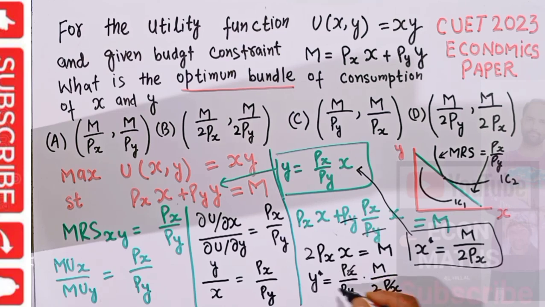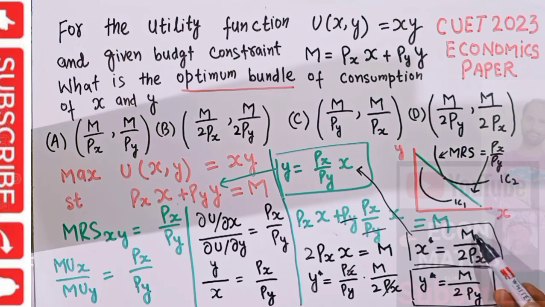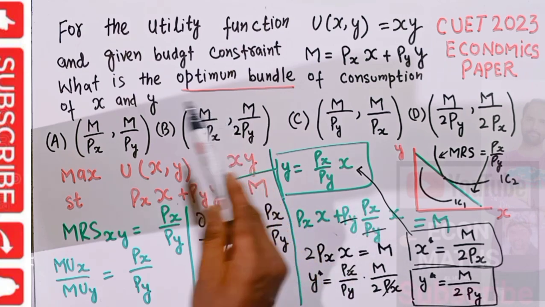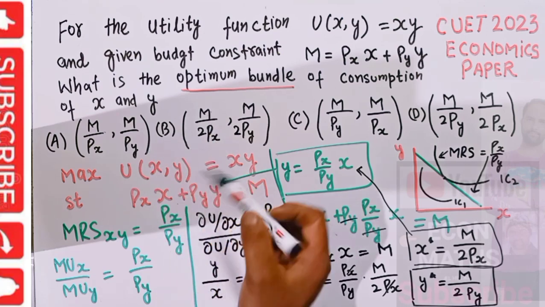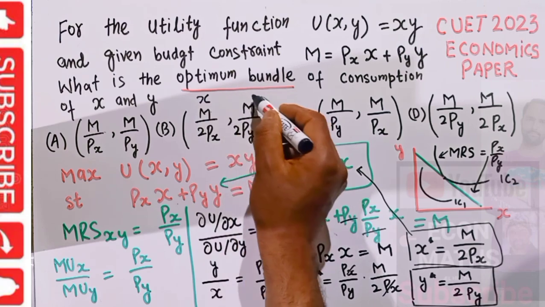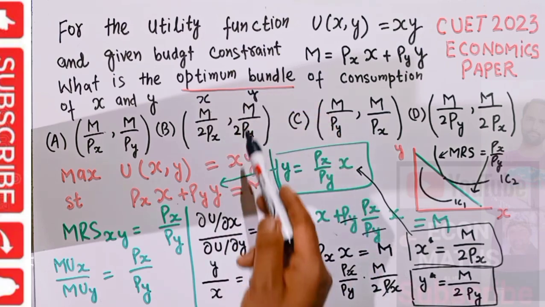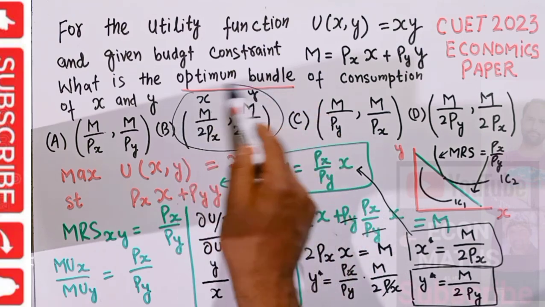The px and px get cancelled, which gives us y equal to m divided by py into 2, that is twice py. So these are the optimal combinations of good x and y. x will be equal to m upon 2px, y will be equal to m upon 2py. In the second option, we have m upon 2px, which denotes optimal consumption of good x, and this denotes optimal consumption of good y. So that means option B should be correct.